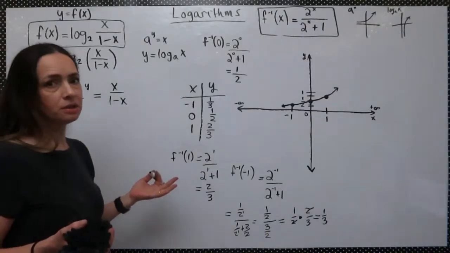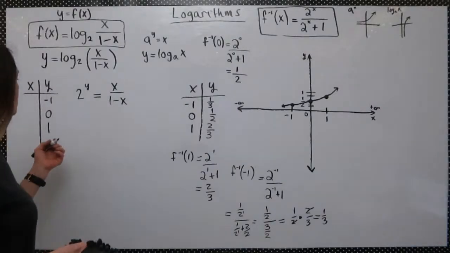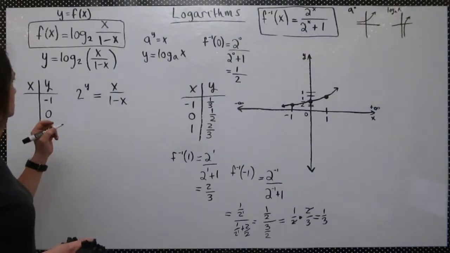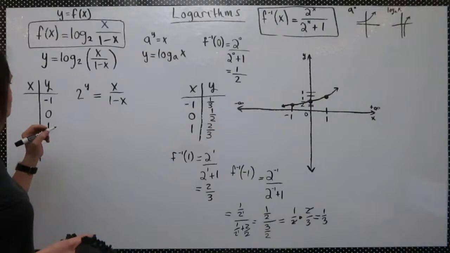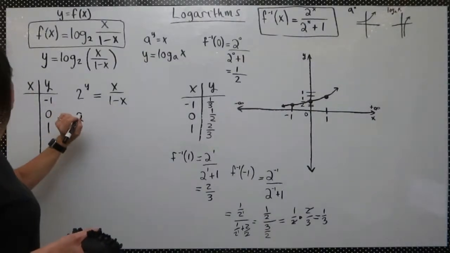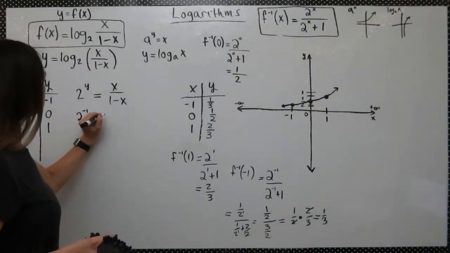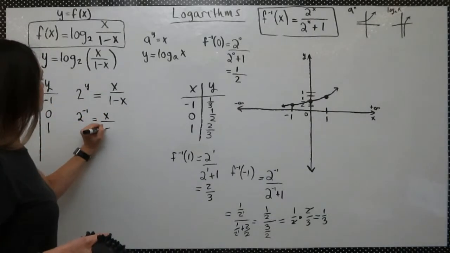But it's going to be legal, really. It's fair. So what we'll do is 2 when y is -1 equal x over 1 minus x.